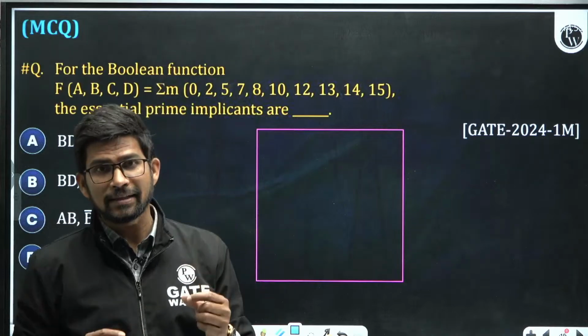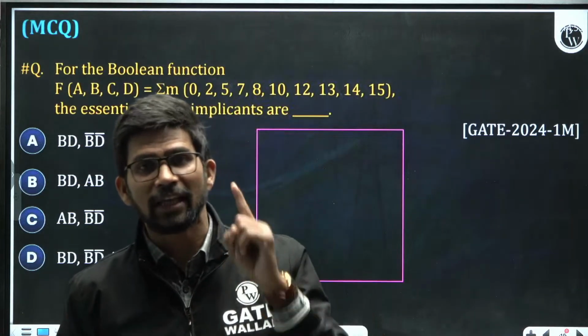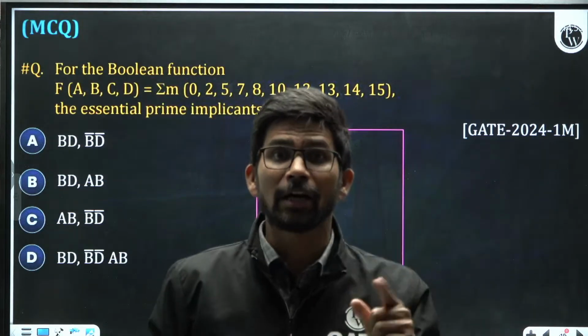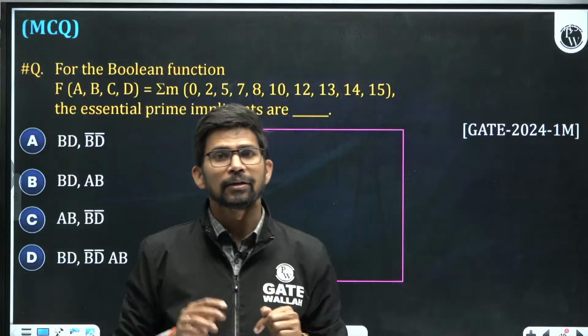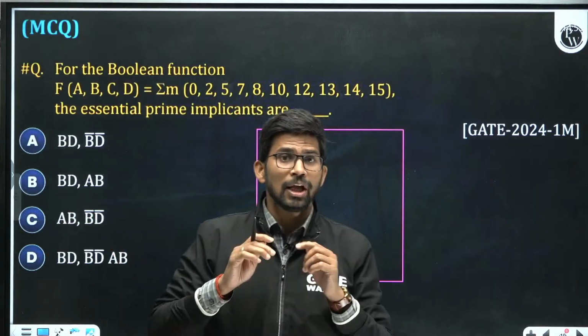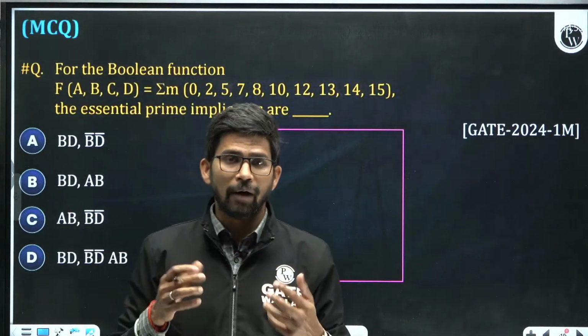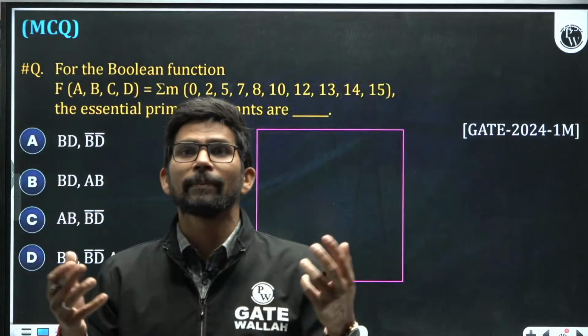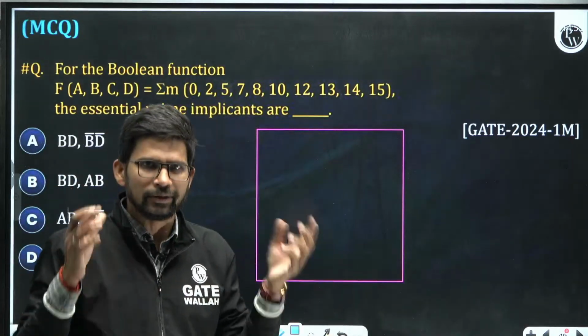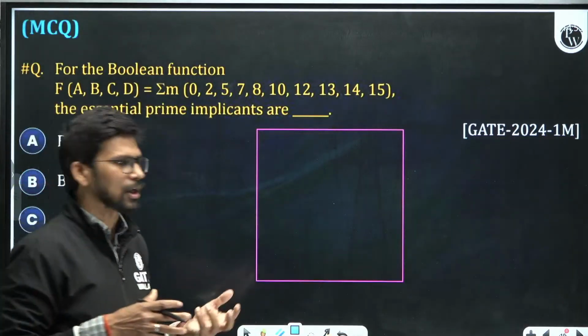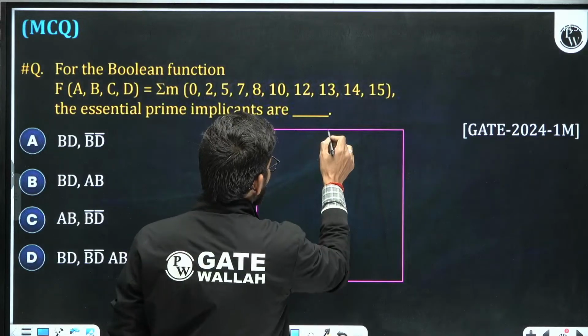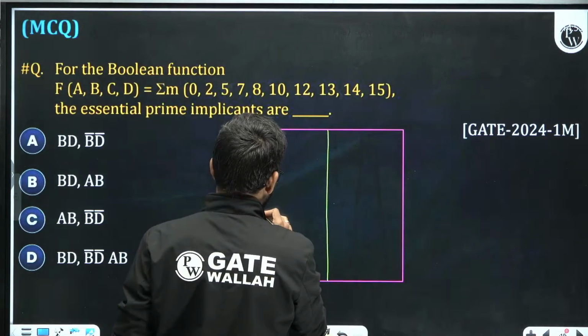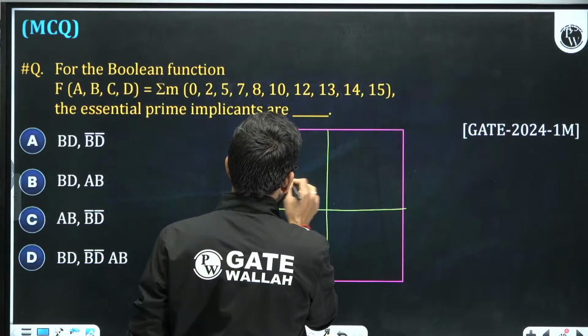If at least a single one is there which can be covered only by that prime implicant, then that prime implicant is essential. If all the ones of a prime implicant can be covered by other prime implicants also, then that prime implicant will not be an essential one, right? So let us form a K-map for finding out the essential and non-essential prime implicants.